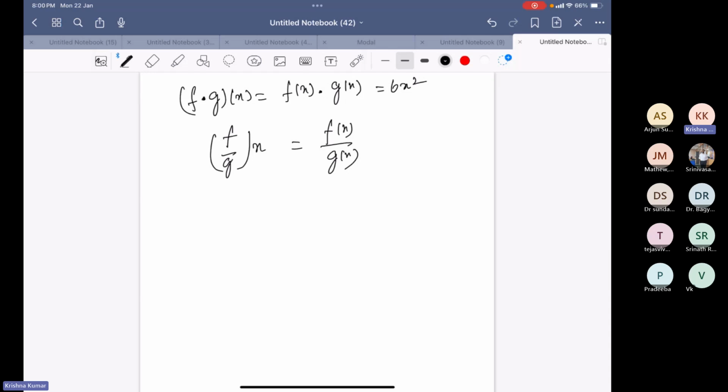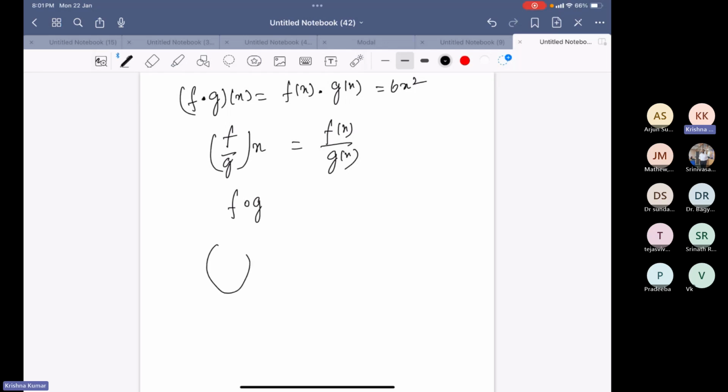Okay. Now we come to what we call a composite function, for which we use the term f of g, written with a small circle. Note this carefully. This is slightly different. So what does this mean?